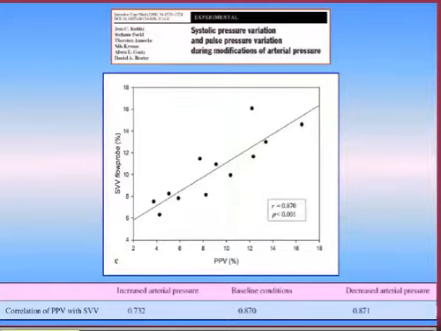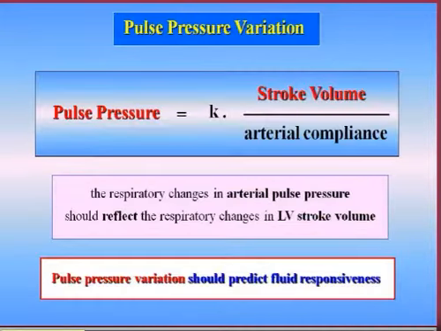And they found a very nice correlation between these two parameters, either in baseline conditions or in case of decreased arterial pressure as well as increased arterial pressure. So a nice correlation, and this would mean that pulse pressure variation represents stroke volume variation. Therefore, we can postulate that pulse pressure variation predicts fluid responsiveness.